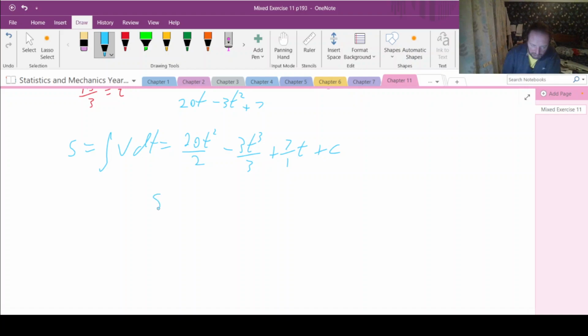And so your s becomes 10t squared minus t cubed plus 7t plus c.